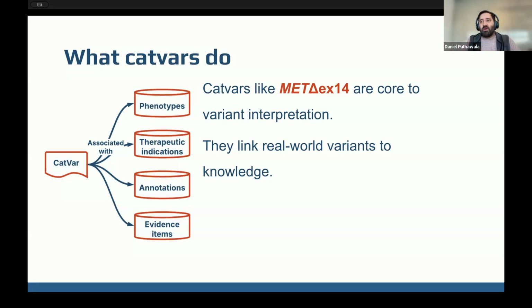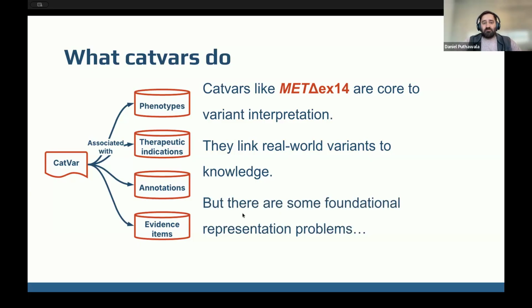And this extends to the way that genomic knowledge is organized in a lot of our knowledge bases. So really figuring out a way to represent categorical variants efficiently is an important part of genomic knowledge organization. Categorical variants link to our knowledge to phenotypes, therapeutic indicators, annotations, evidence items, and so on and so forth.